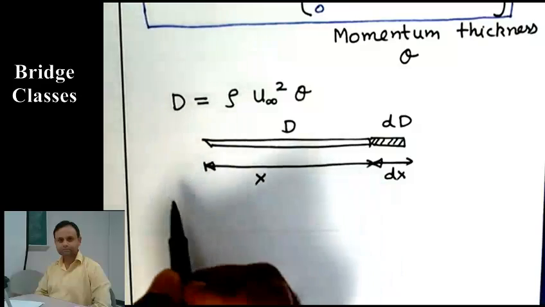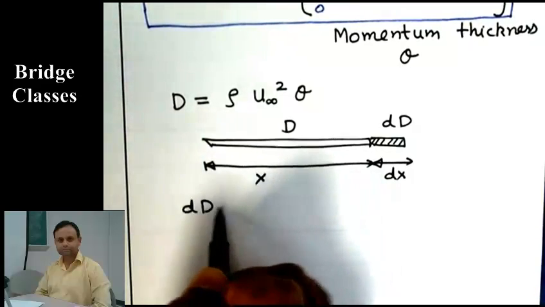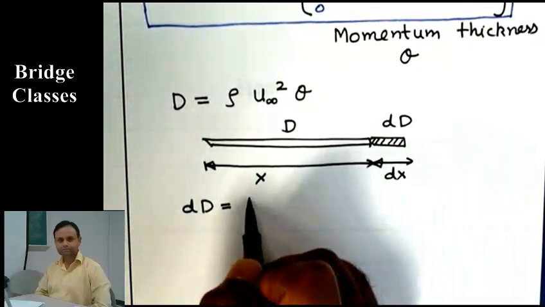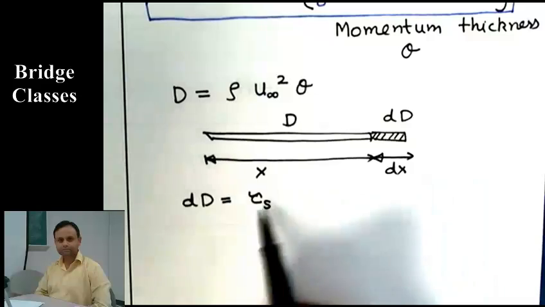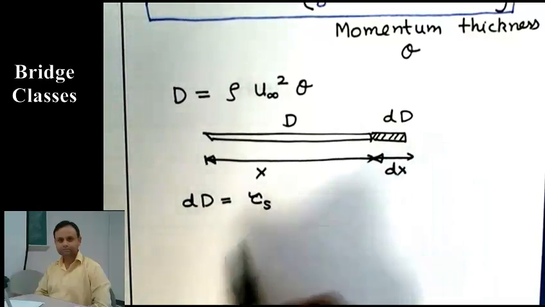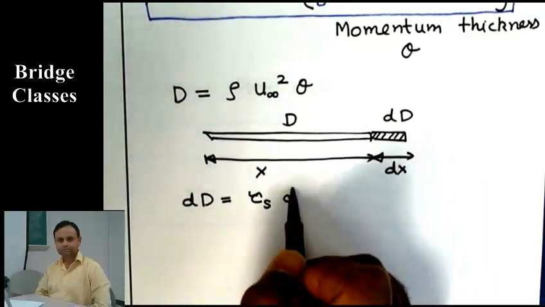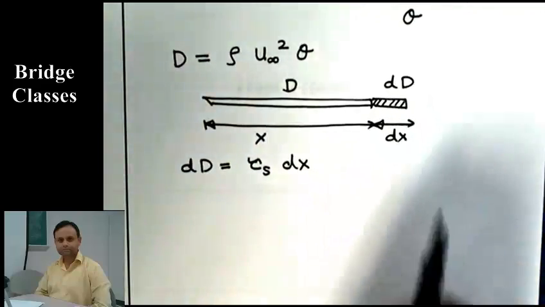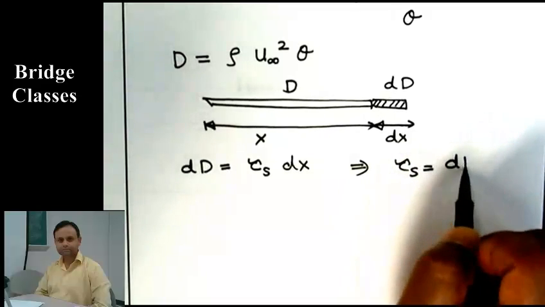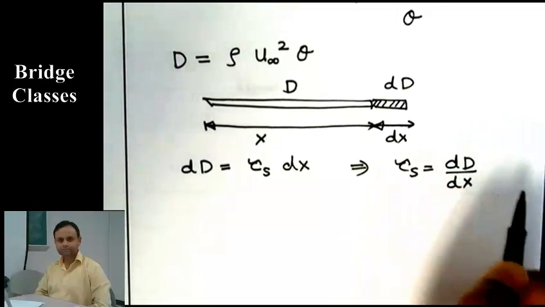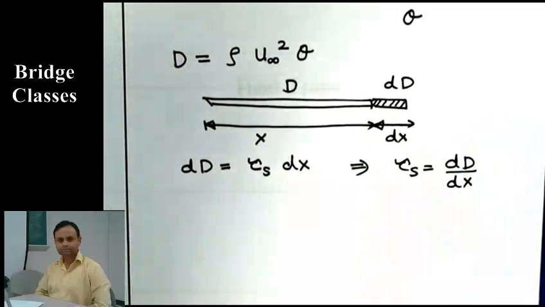So you can write this dD. It will be equal to the local shear on the plate tau s, which depends on x, times dx. So this gives you tau s is dD over dx.